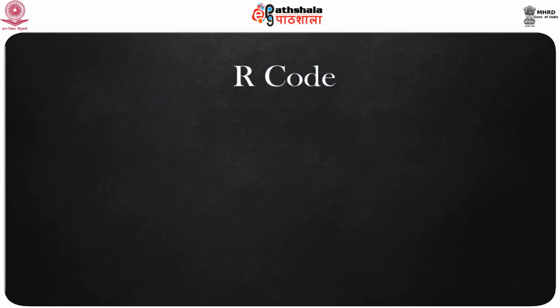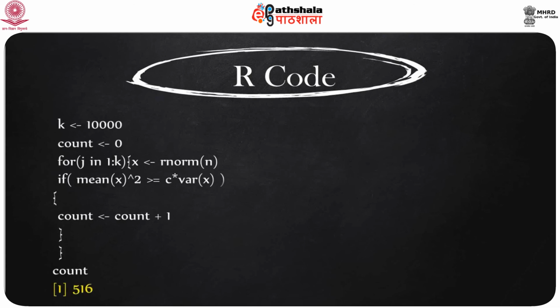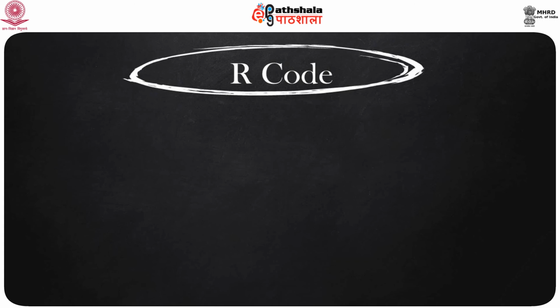Now, as we have told earlier that we will increase the simulation size. So, we are doing exactly that thing here only. Here we are taking the simulation size, that is k, to be 10,000, and look at this. This is what we are getting here. Here the count is found to be 516. Keep on doing the same thing of experimentation with varying k again.